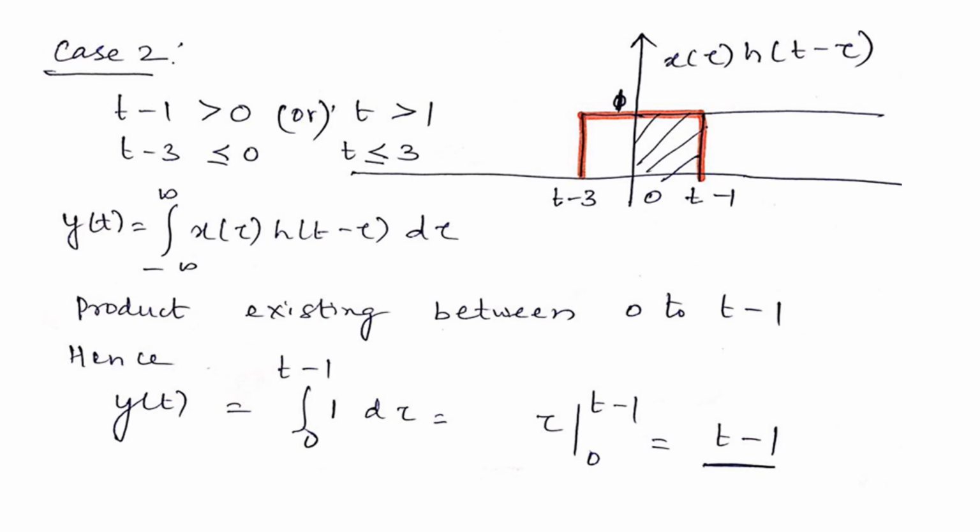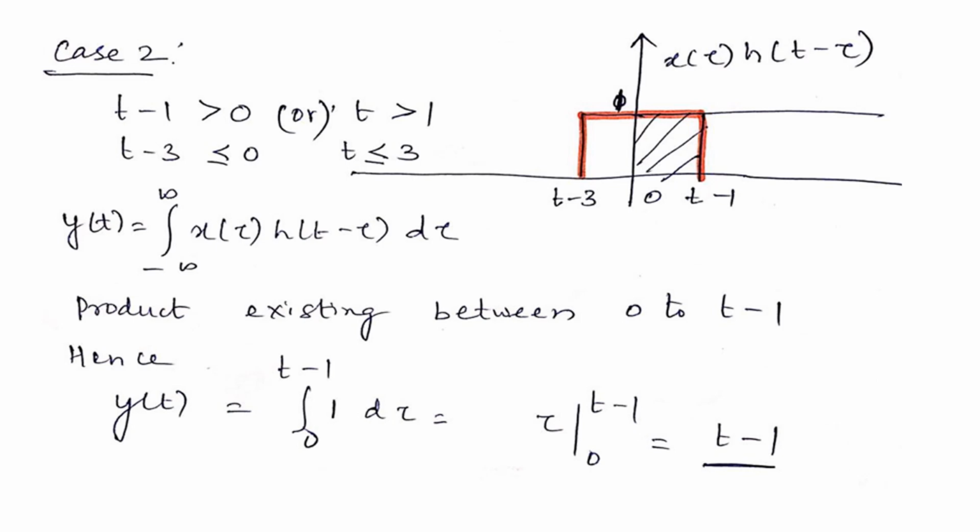Now how do we mathematically write this particular part? We fix that t minus 1, which was our edge, is greater than 0. Now it has crossed our 0. T minus 1 is greater than 0, or we can also write that t is greater than 1. And we are fixing another thing, the other limit. What is the other limit?